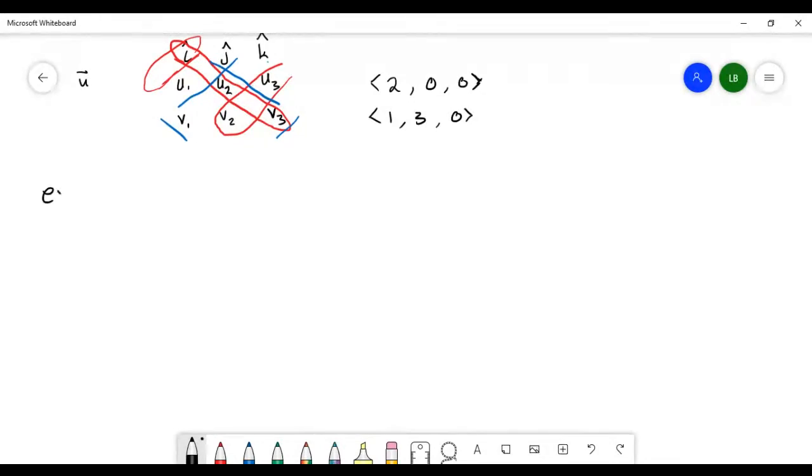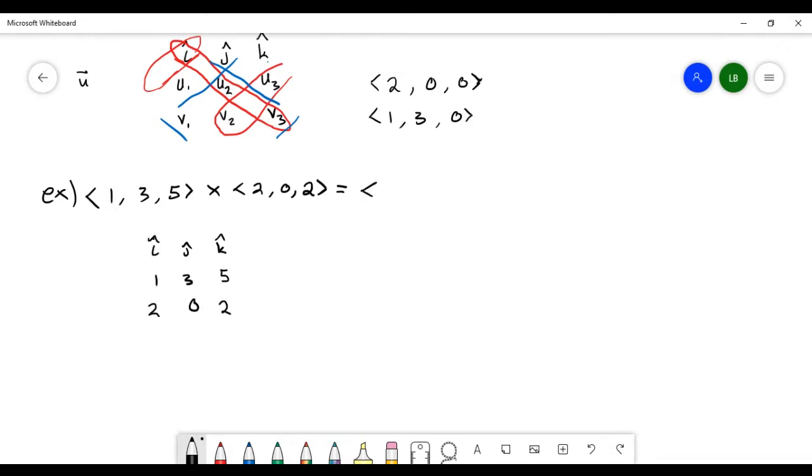Let's see, if we wanted to do an example, take the vector 1, 3, 5 and cross it with the vector 2, 0, 2. You can write it out like this, and our i component is going to be 3 times 2 gives us 6, minus 5 times 0, so minus 0.